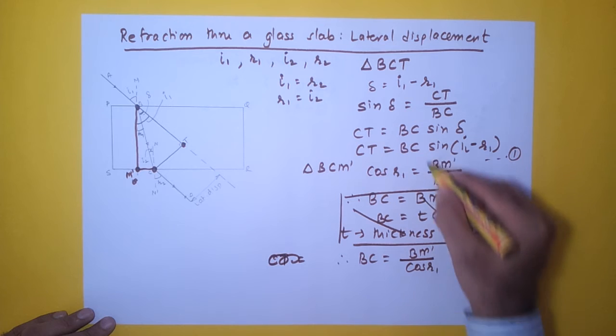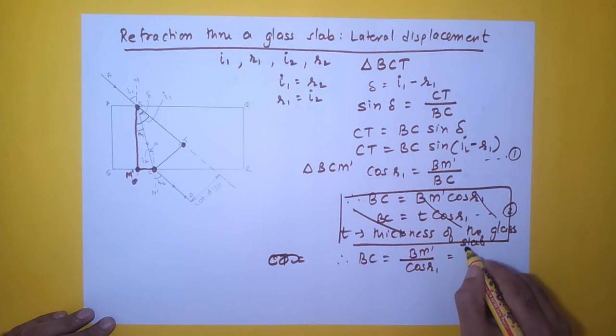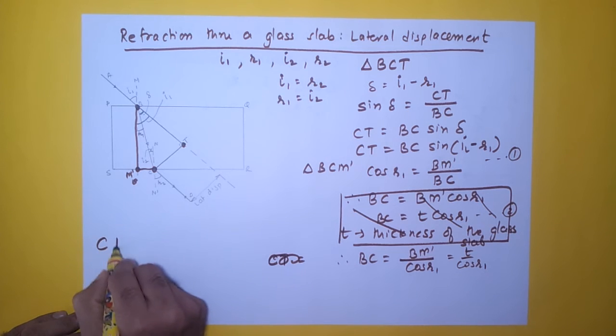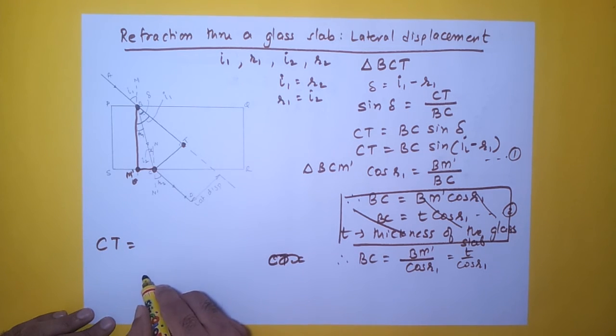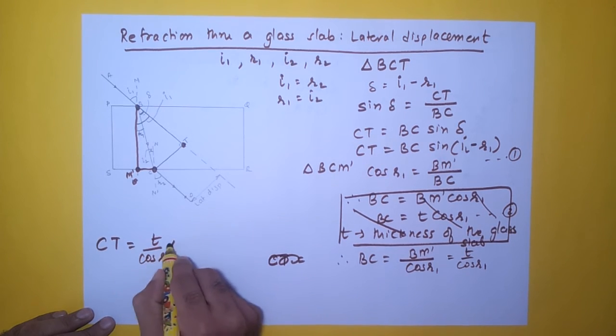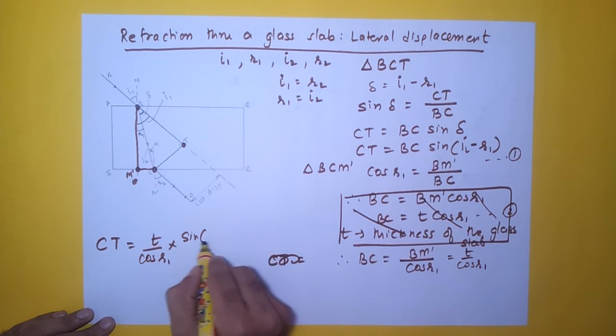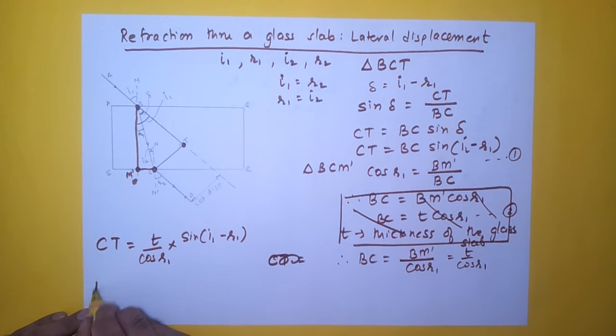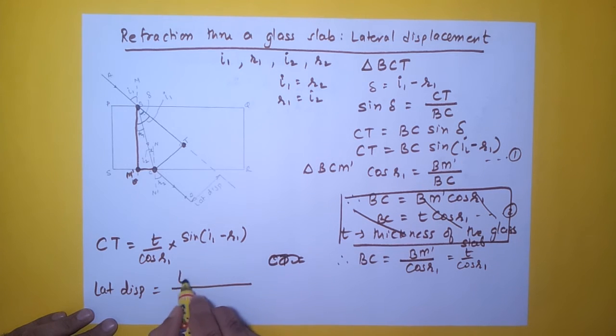So putting this value of BC, which I should write as T upon cos R1, CT, which is the lateral displacement, will be equal to BC, which is T upon cos R1, into sine of (I1 minus R1). Therefore, lateral displacement is equal to T into sine of (I1 minus R1) upon cos R1.